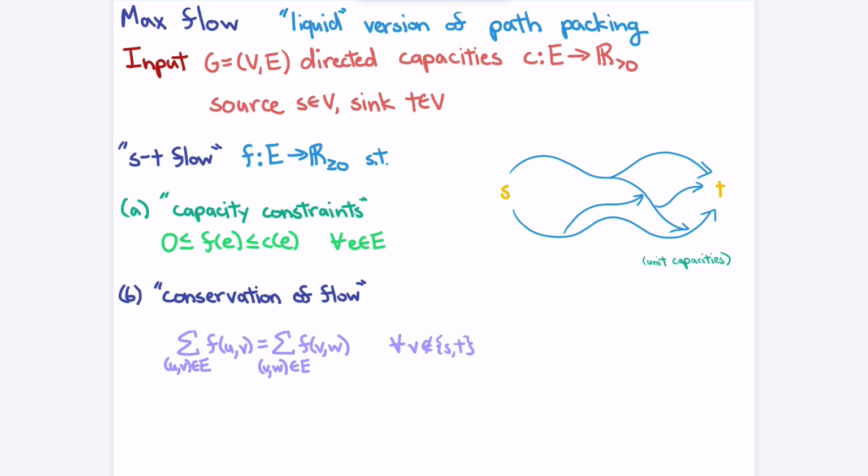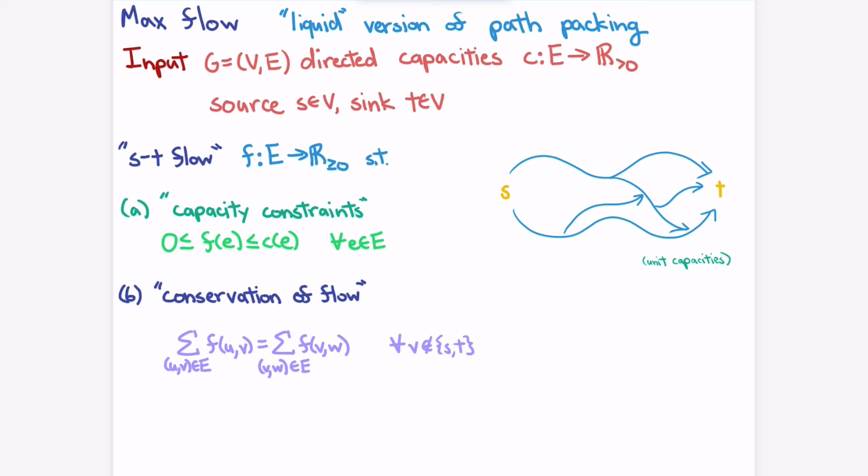So this looks more complicated than it really is. It's saying, okay, look at any particular vertex that's not a terminal. The left sum is summing over all the arcs going into V. And say, what's the total amount of F going in? Flow is the terminology we'll use. And then the right sum is summing over all the arcs that are leaving V. And that has to be equal.